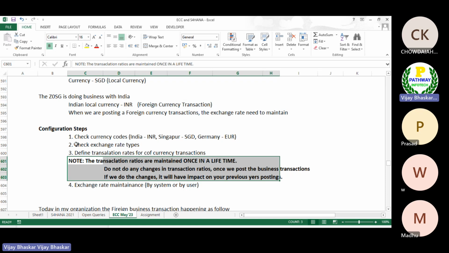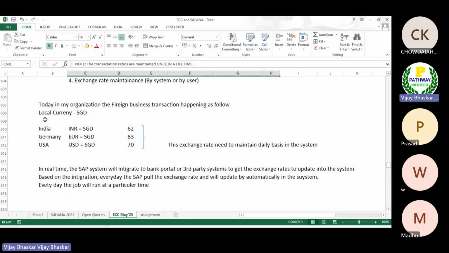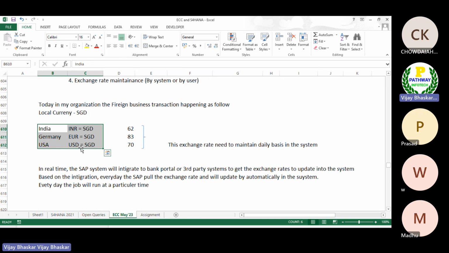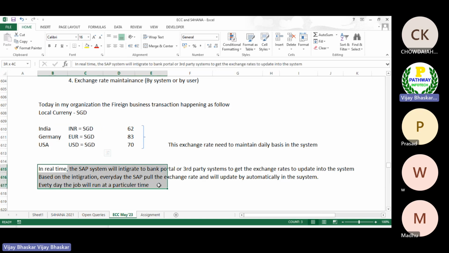Then once all the setup is done, exchange rates are maintained by the user, manually, or by the system. But in most cases, what I have explained here will happen: the system itself will derive the exchange rates, then they will get updated into the system automatically.